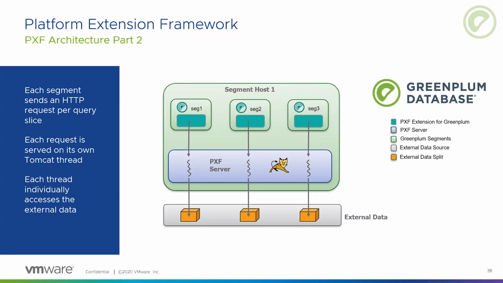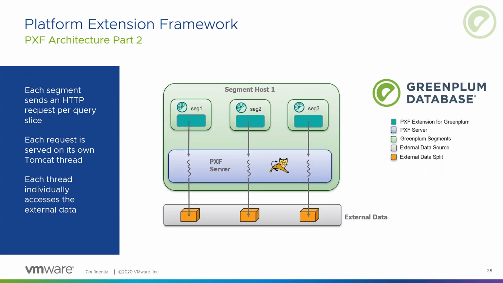So this effectively distributes the workload among all the segments in the Greenplum cluster. Each segment gets a unique list of files or splits, and then each segment will iterate through the list of splits it will process, pulling data in parallel from the external system. And PXF will transform the Parquet data in this example to tuples that can be consumed by Greenplum.